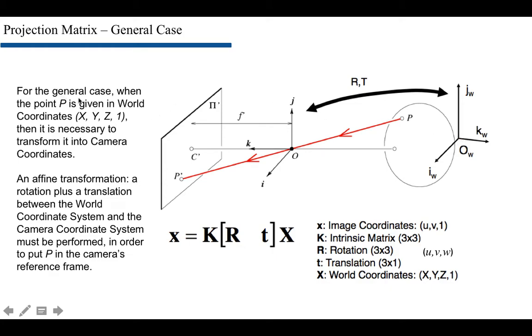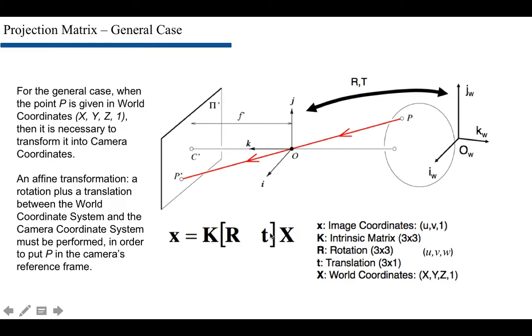For the general case, when the point P is given in world coordinates, this is an external coordinate system centered at some point in the world, with i, j, and k axes. The point is given in world coordinates X, Y, and Z, capital, and we will use an extended, homogeneous vector. Then, before computing this point P prime, it's necessary to transform it into camera coordinates. How do we do that?